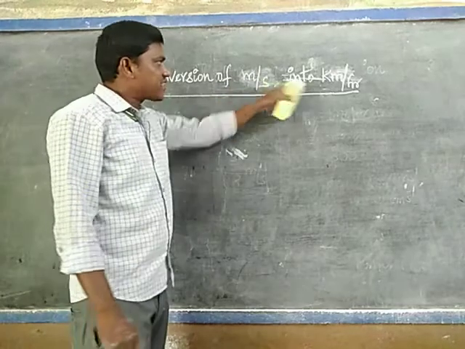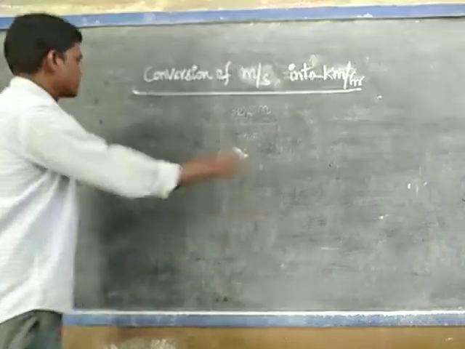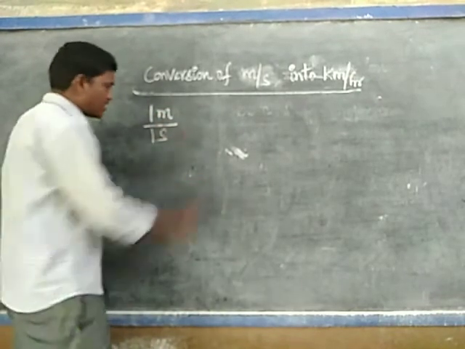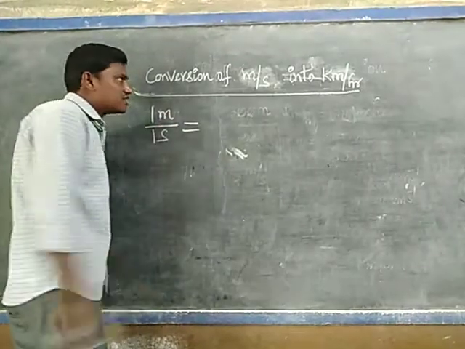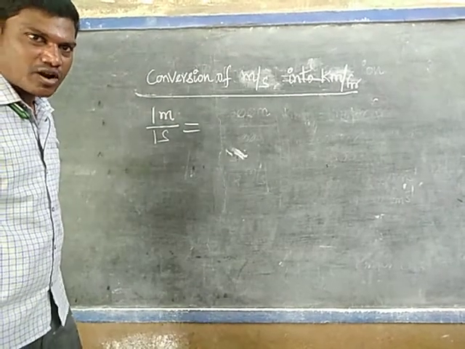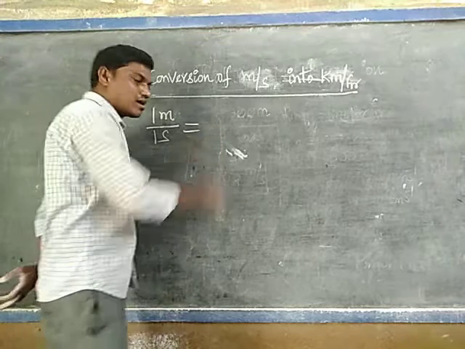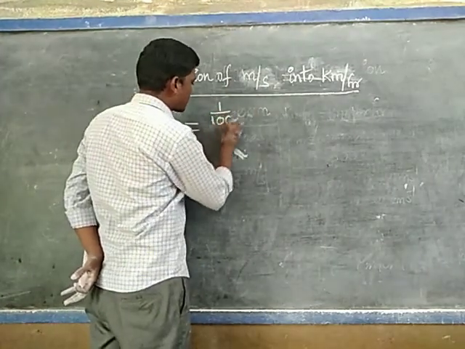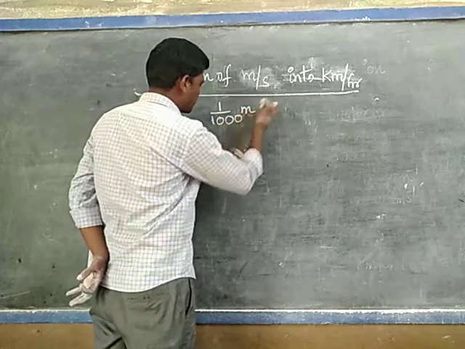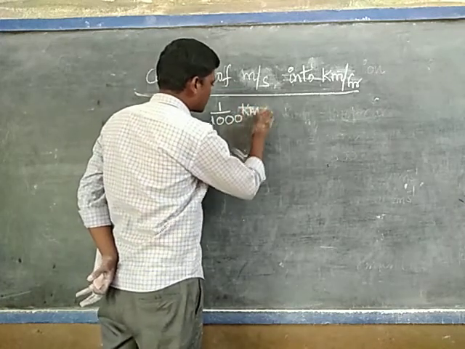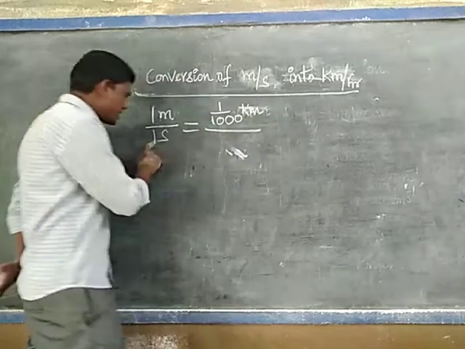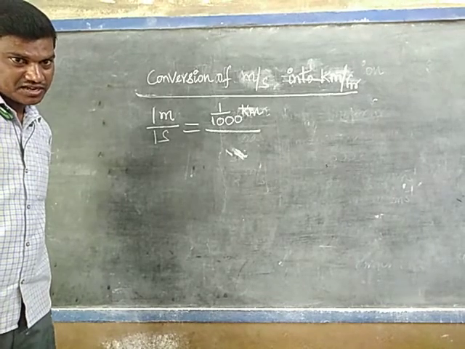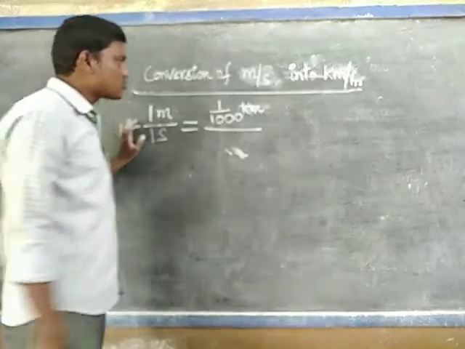Now meter per second into kilometer per hour. 1 meter per 1 second, that is one. 1 meter is equal to how many kilometers? 1 by 1000, because 1 kilometer equals 1000 meters. That's why 1 by 1000 kilometers by 1 second, which is equal to how many hours?